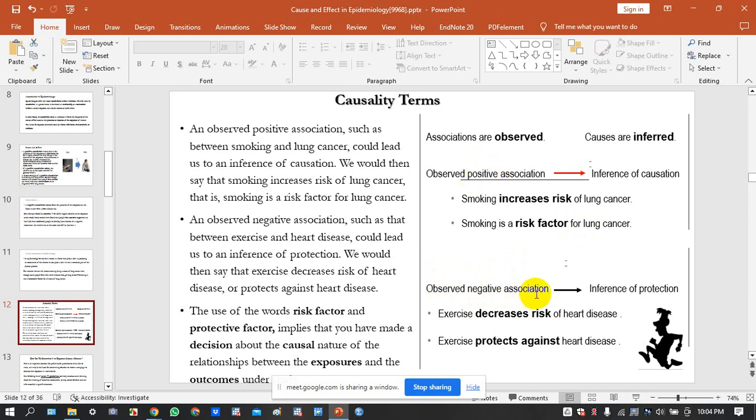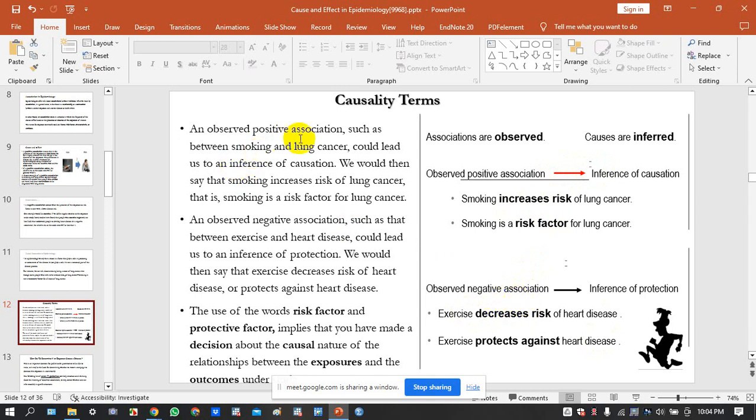The negative association infers protection. We say that exercise decreases the risk of heart disease. Therefore, exercise protects you from getting heart disease. So for the first one, the odds ratio is going to be greater than 1. And for the second one, the protective effect, the odds ratio is going to be less than 1.